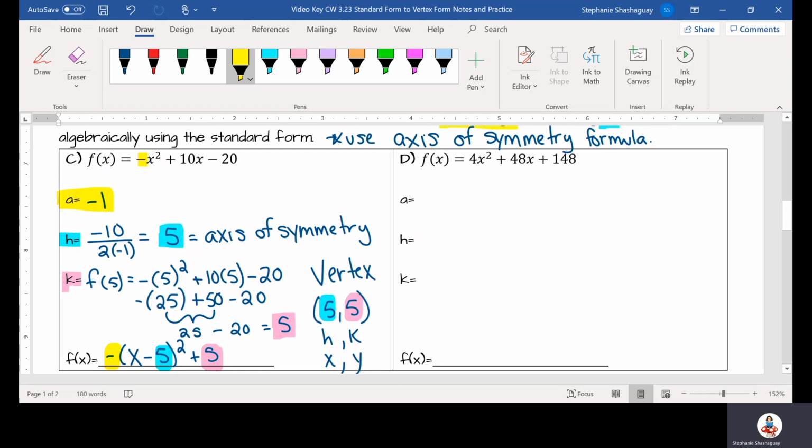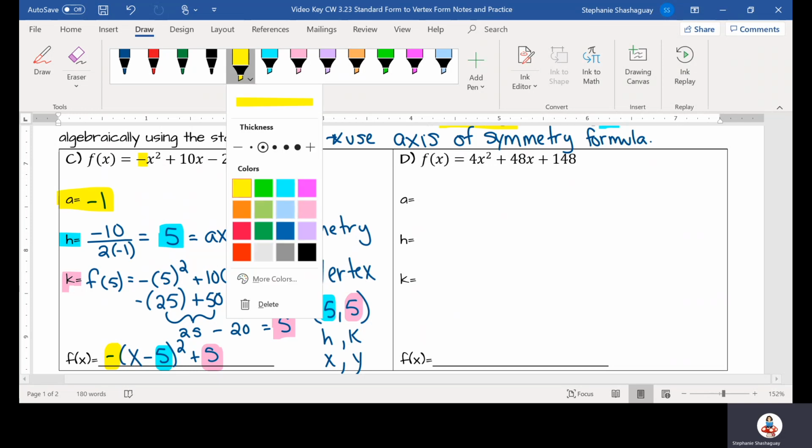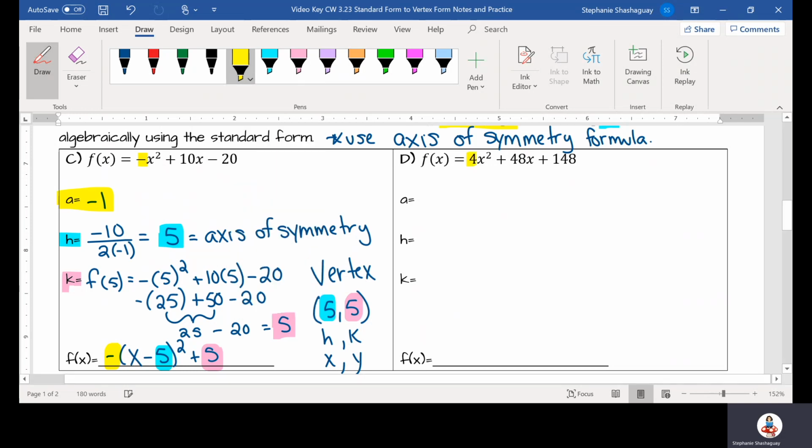Example G. We have f of x is equal to 4x squared plus 48x plus 148. My a is equal to 4. To find my h, I have to do negative 48, because that's my b term, divided by 2 times 4.